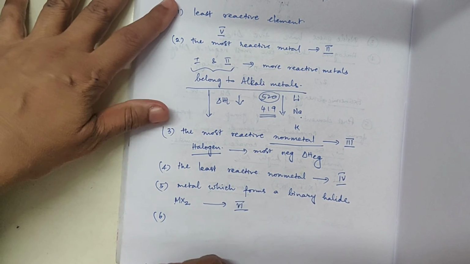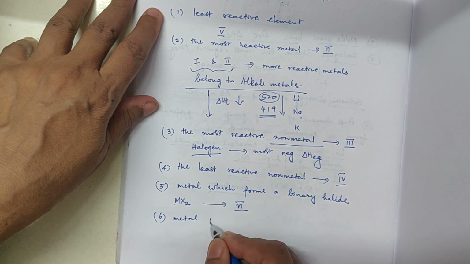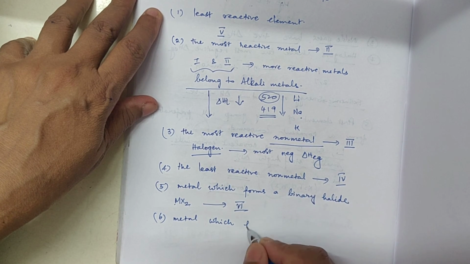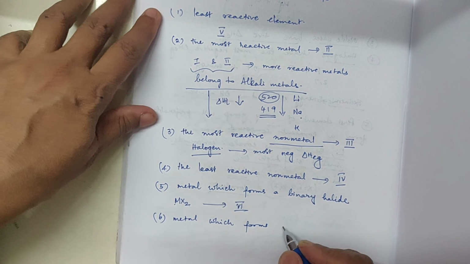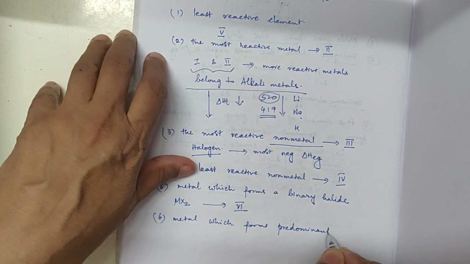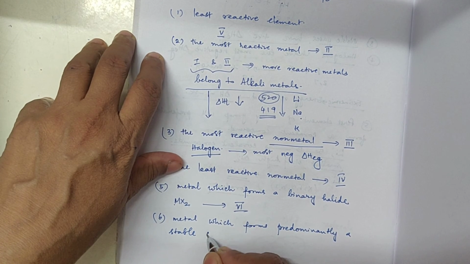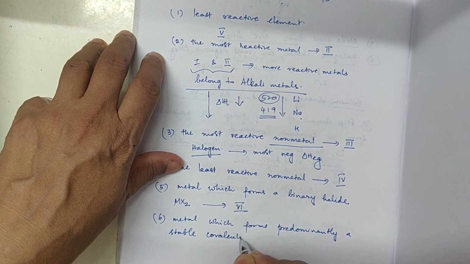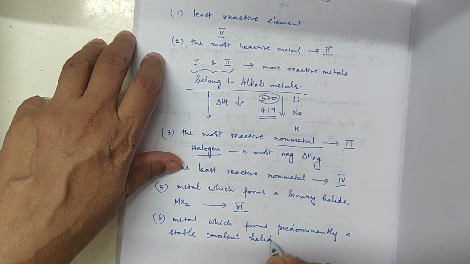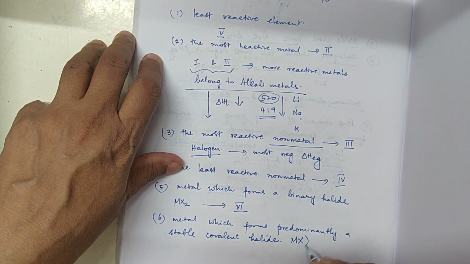Then the last question is the metal which forms predominantly a stable covalent halide, a stable covalent halide of the form MX.